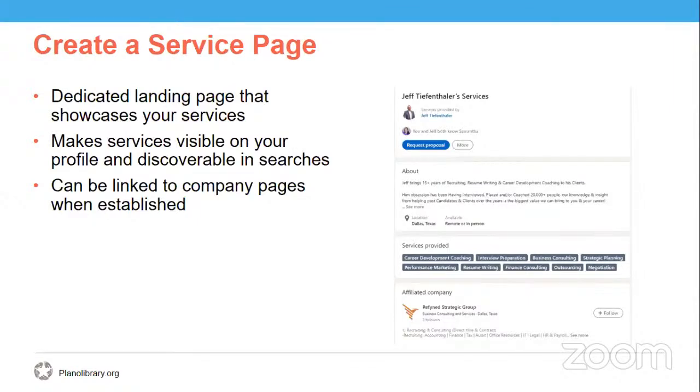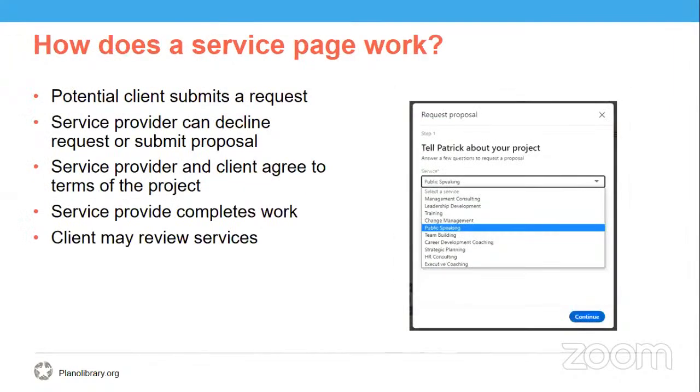So, how does a service page work? Once you've established your service page, any client interactions will happen in a basic request and proposal model. Once a potential client identifies you as a service provider, they can submit a request for more information.